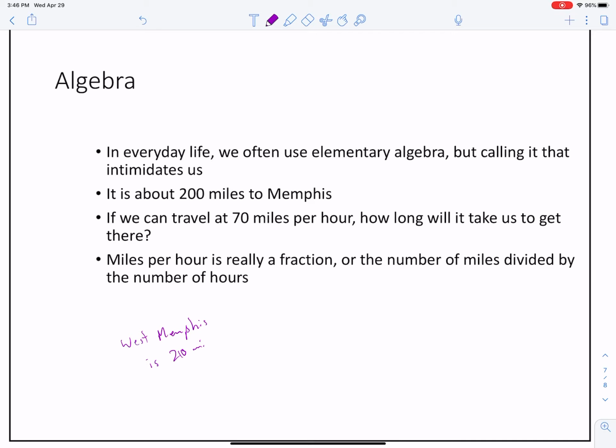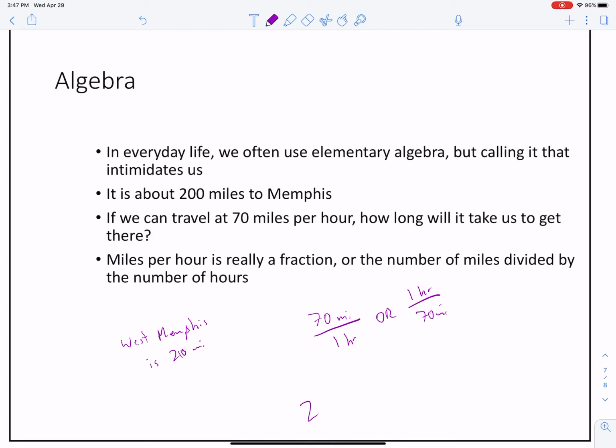So remember, 70 miles per hour is an interesting thing. We can write this as 70 miles per 1 hour, or we can flip it: in 1 hour we can travel 70 miles, right?